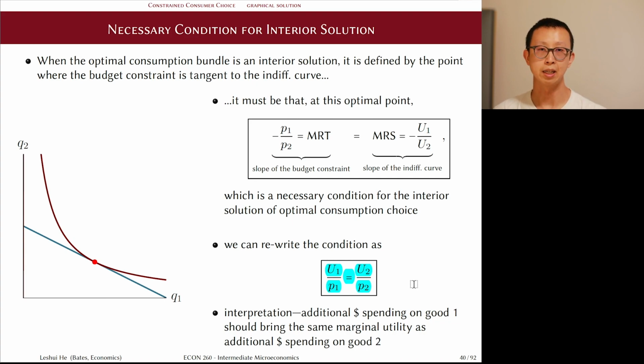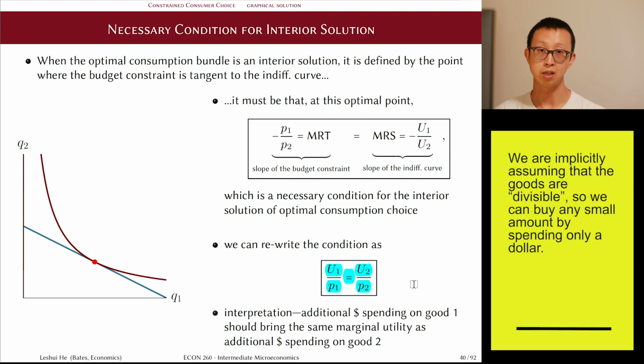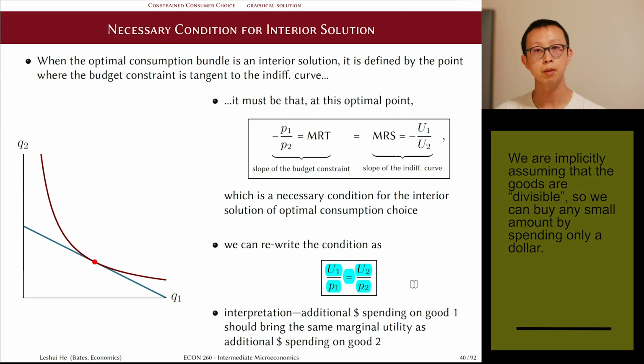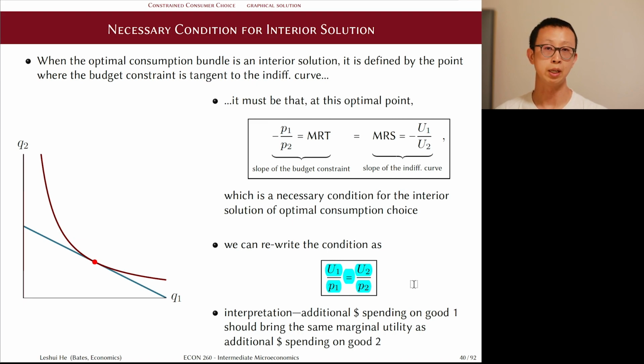Well, it is exactly the marginal utility, which is 10 units, divided by the price, which is $2, or U1 over P1. So every extra $1 spent on apples would increase my utility by 5 units, which is 10 divided by 2. In other words, U1 over P1 or U2 over P2 are telling us how much extra utility the consumer will gain if they spend an extra $1 on each one of these goods.